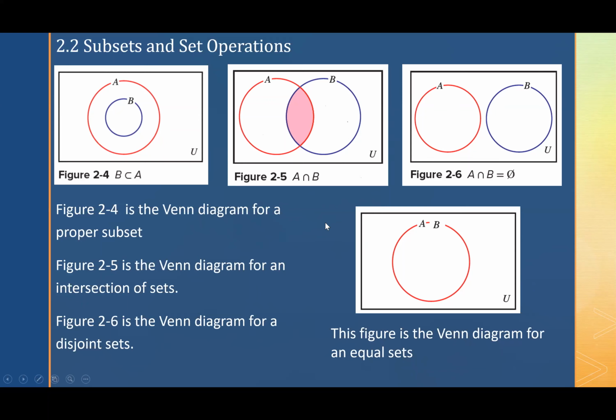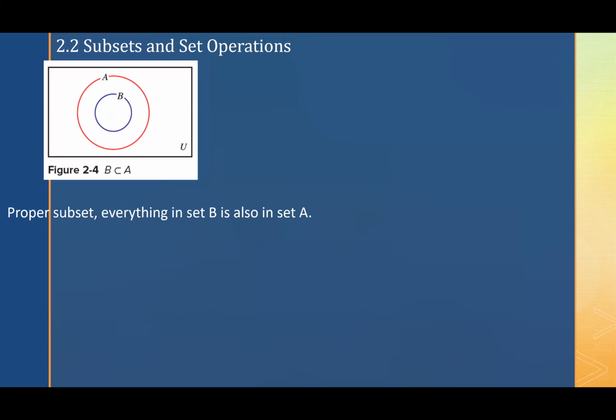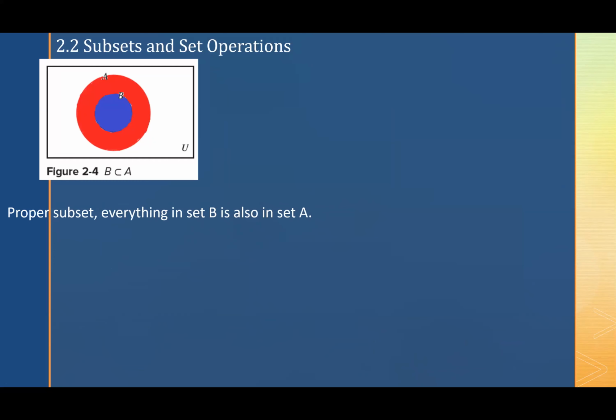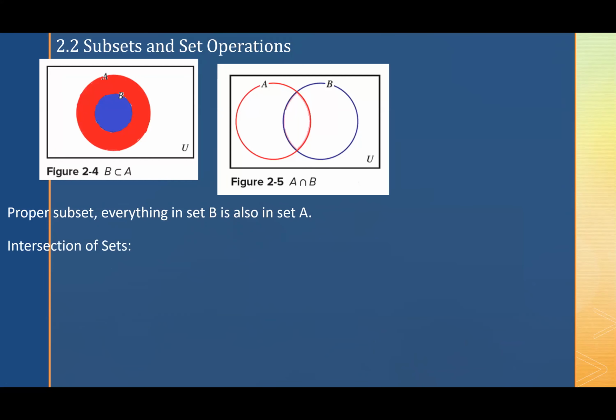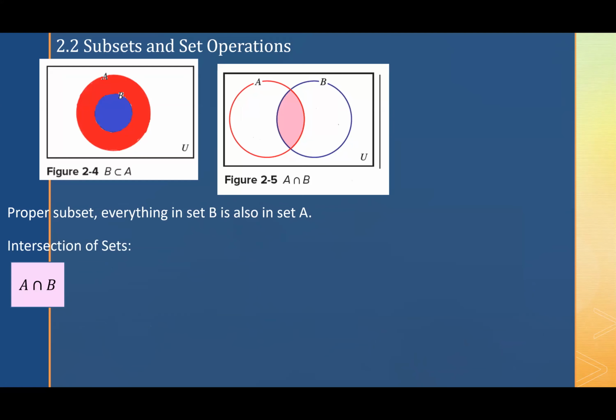Again, I have a small explanation here: a proper subset is basically when everything in B is also in A. And the intersection set is, if you look at A intersection B, what A and B share, which is the pink item, what is in A and in B.